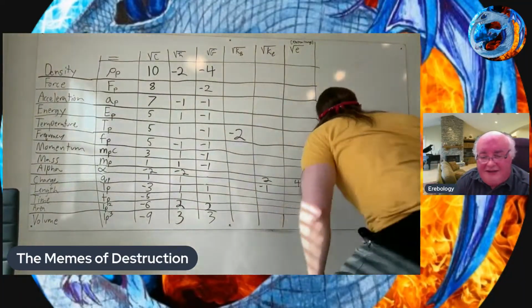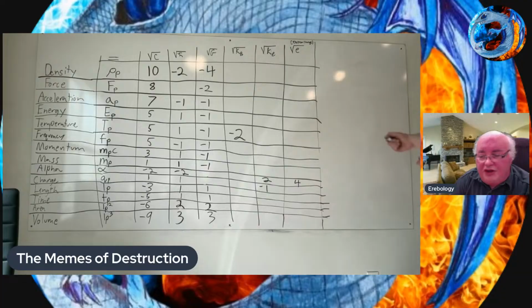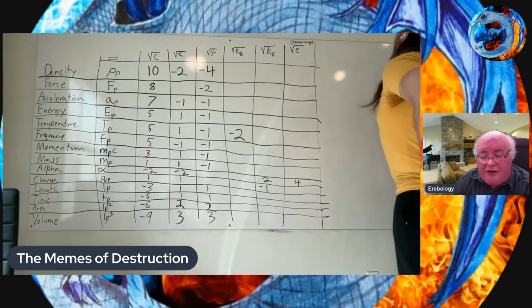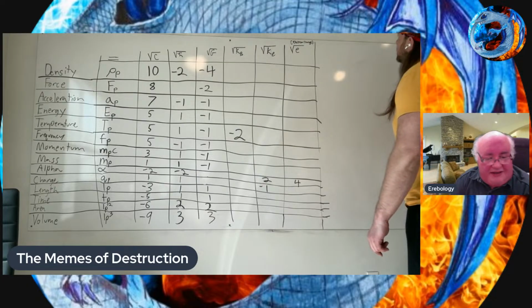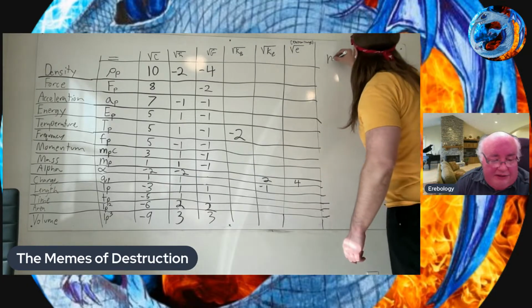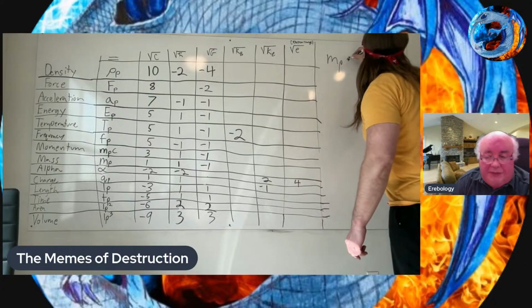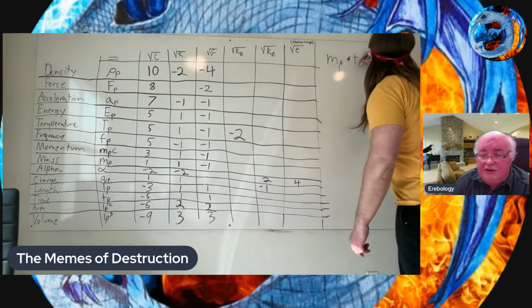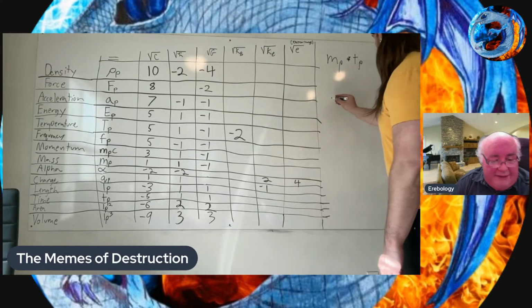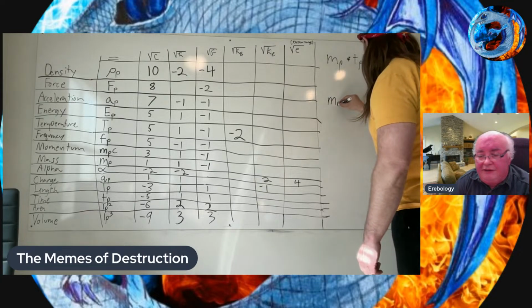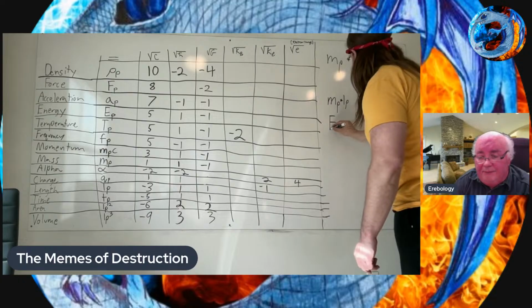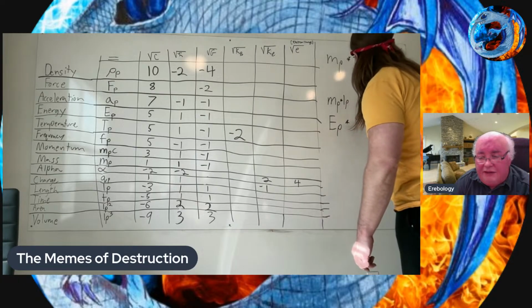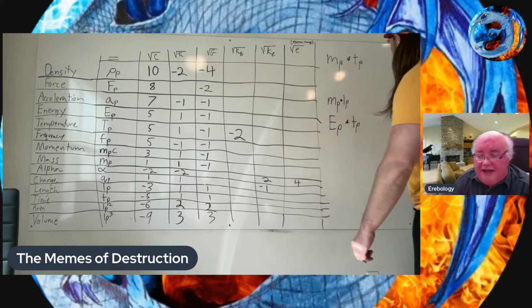All right, we're doing some problems. The four problems in order are going to be: MPTP, so mass times time; next one is MPLP; the next one is EPTP, energy times time; and then EPLP.